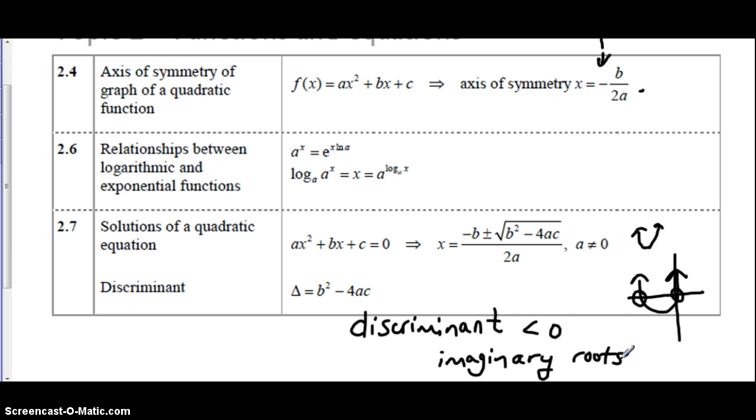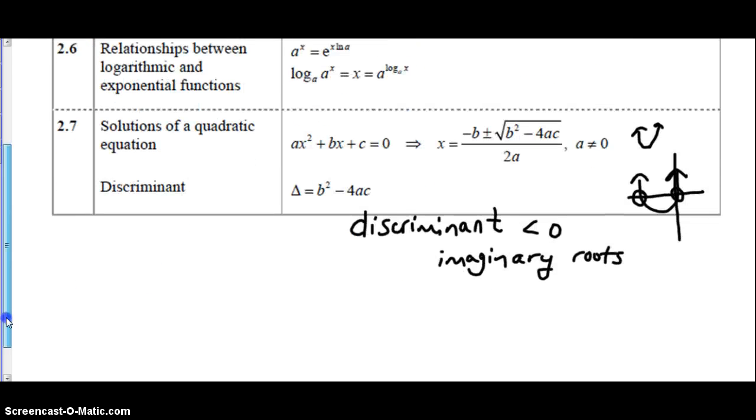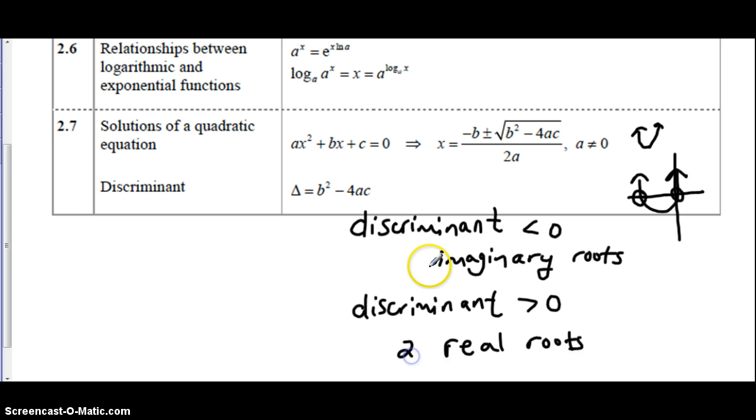If it's a number greater than 0, then you're going to have real roots. If it's a positive number, they could be irrational, but they will be real. And in particular, 2. Remember, they always come in pairs. So if it's less than 0, 2 imaginary roots. And if it's greater than 0, 2 real roots.